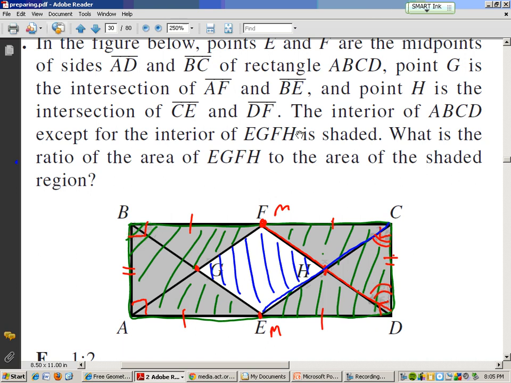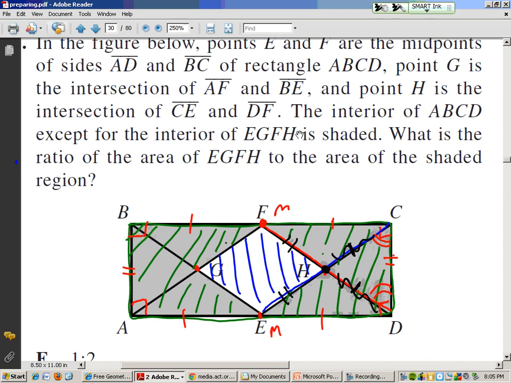So this means I have an isosceles. Let me use a different color here. I've got an isosceles triangle down here. So this side has to be congruent to that side. So when I remove that, when I remove these pieces, take them out, then the remainders also have to be congruent to each other. And I could do that same argument for the other side.